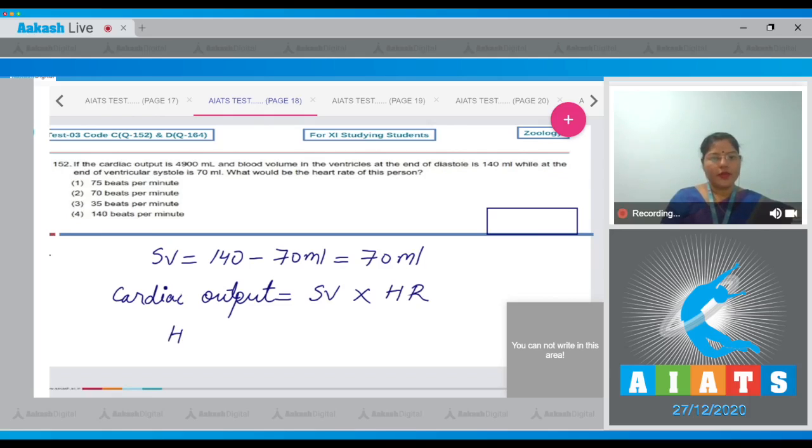So heart rate is equal to 4900 divided by 70, and it comes out to be 70 beats per minute. So correct answer to our question is option number 2.